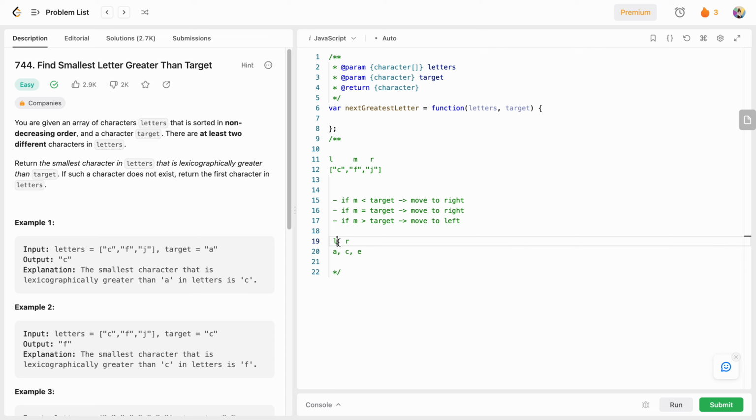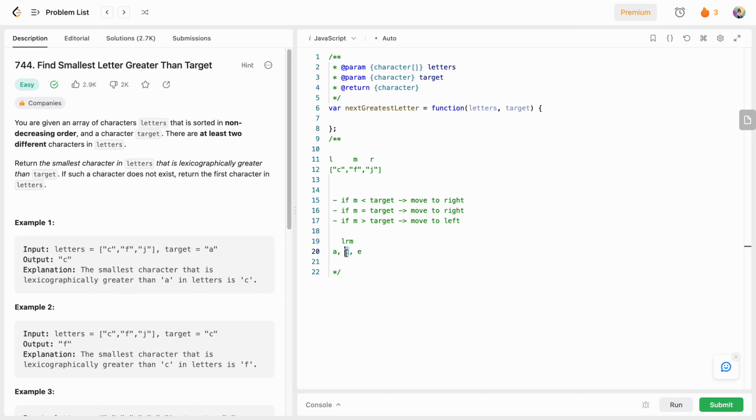Now where would my middle value be? It will be here, where my left is pointing. And in this case it's equal to the target, and since it is equal to target, we move to the right. So that means now my left pointer will move here. Now left and right are at the same point, and my middle pointer will also be pointing to the same value.